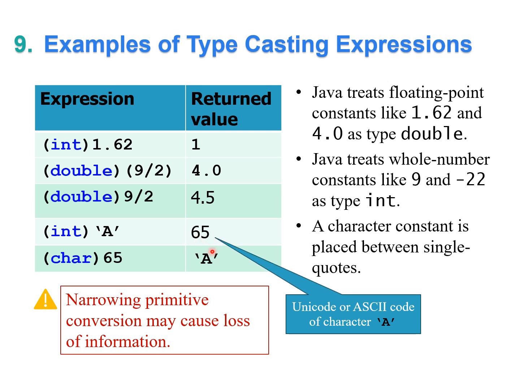In general, when a character value is converted to an int value, the result is the Unicode of the character. Conversely, when an int value is converted to a value of type char, the result is the corresponding Unicode character. For example, in the last expression here, the int value of 65 is converted to type char, and the result is the character capital A because its Unicode is 65.